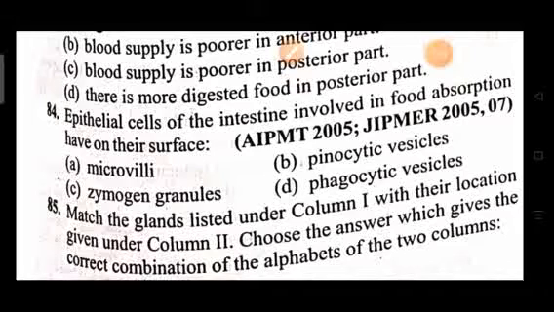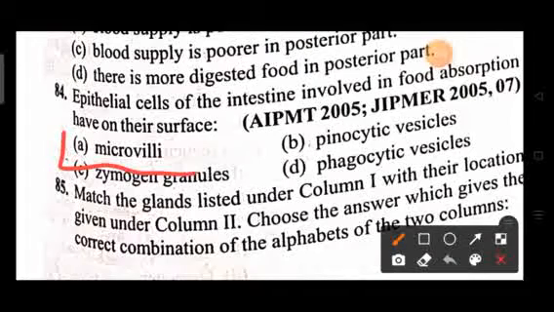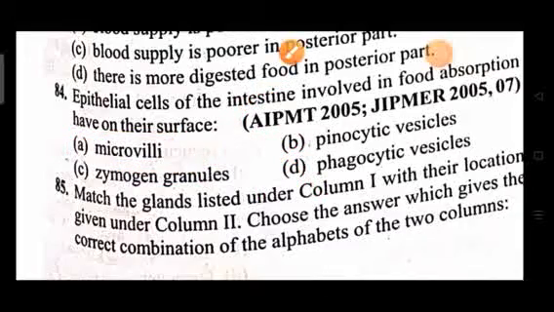Villi are finger-like projections. Microvilli are the small finger-like projections present on the epithelial cells of the intestine which are helpful in absorption. So the answer here is microvilli. Option A is the answer for this question.